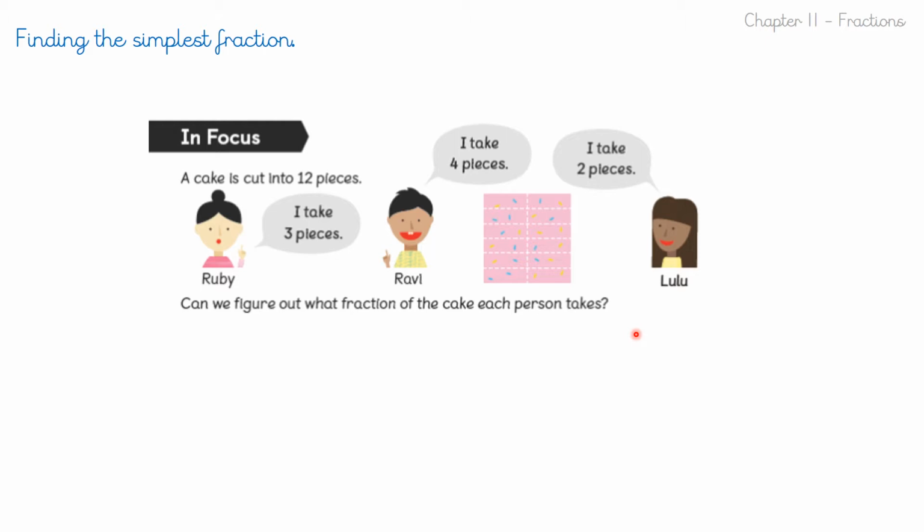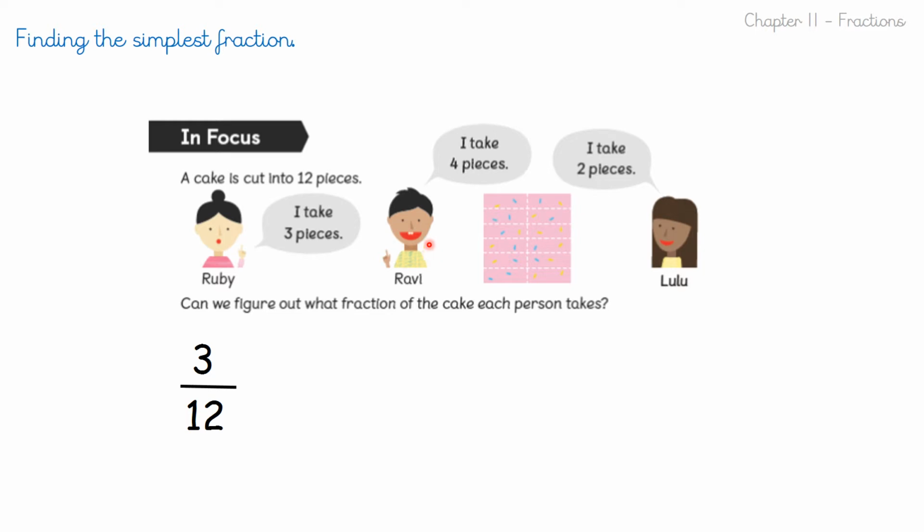Great! What did you write? This was quite easy, wasn't it? We know that the denominator tells us the number of equal parts our cake has been divided into, and the numerator is telling us the number of parts we are counting. So if Ruby takes 3 pieces, she's going to take 3 12ths.